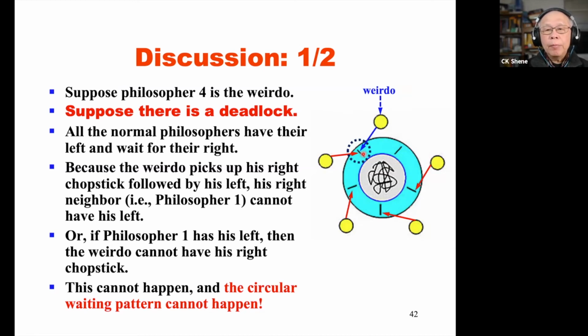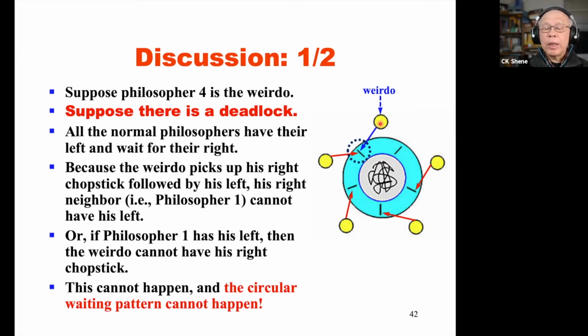But if you like a constructive or more algorithmic way, we still can start our discussion from the weirdo. The weirdo has 2 possibilities: whether the weirdo can eat or not. If everybody can eat, then there's no deadlock.